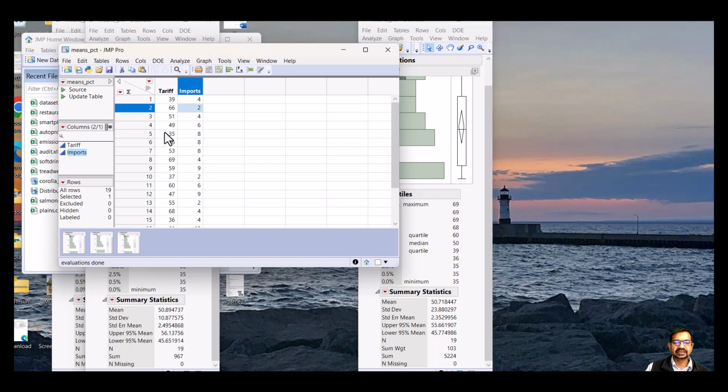So if we add this up, it adds up to 967, but if we multiply tariff with imports, and then for each observation add them up, that would have added to 5224, and then that divided by 103 would be the weighted average, but our 967 divided by 19 would be our simple average.